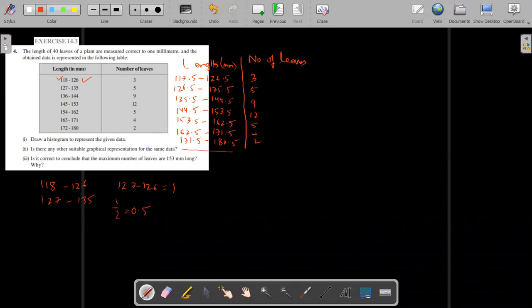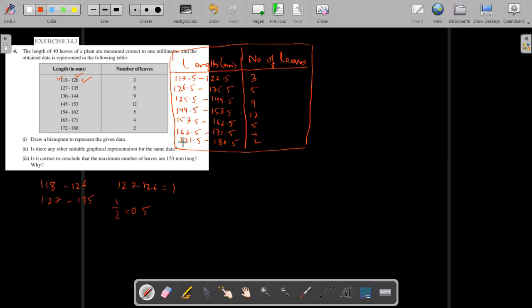So you have to draw this table again if it is not given in continuous intervals. If it is given in continuous intervals, then there is no need. If it is continuous, meaning it ends at 126 and starts from 126, then you can directly draw the histogram.